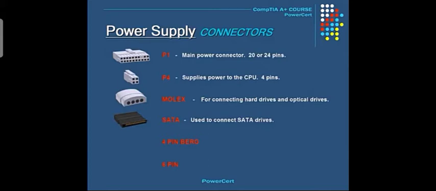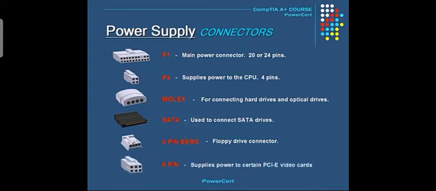Another connector is called the 4-pin Berg connector, or mini connector. This is a small connector that is used to supply power to the floppy drive. And finally, there is the 6-pin connector. And this is used to supply power to certain PCIe video cards.